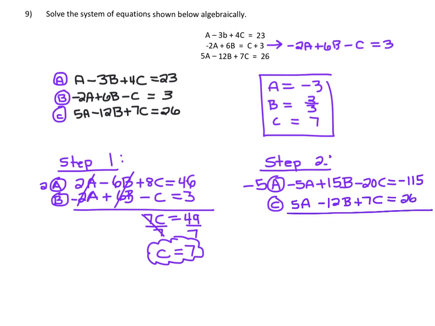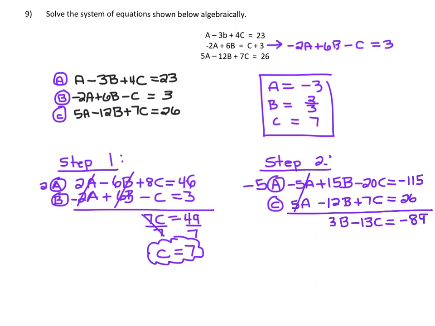So now when we combine these, the A's cancel. Since 15 minus 12 is 3, we get 3b. And then since -20 plus 7 is -13, we get -13c. And then finally, when I combine -115 and positive 26, I get -89.